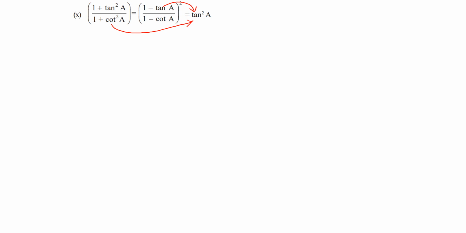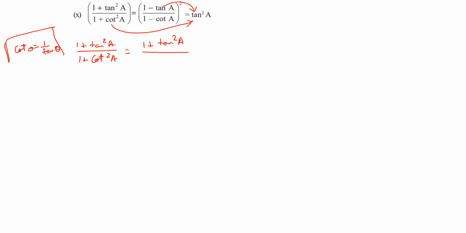First of all, I am going to write 1 plus tan square A by 1 plus cot square A. I am transforming everything in terms of tan because on the right hand side the answer is in tan. So I am writing cot theta as 1 by tan theta.